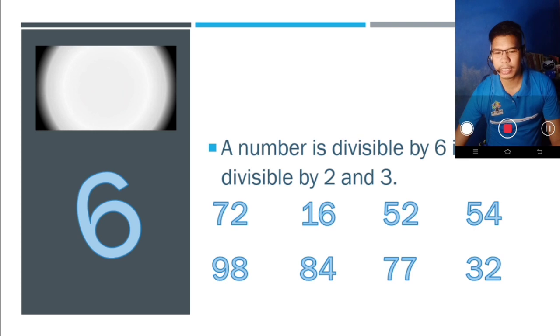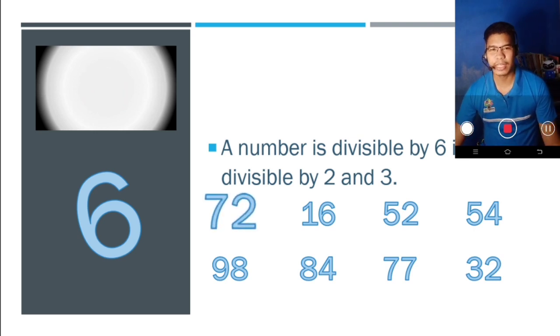Let us now see which numbers here are divisible by 6. The first number is 72. Is it divisible by 2? Yes, correct, because the last digit is 2. Is it divisible by 3? When we add 7 and 2, 7 plus 2 is 9, and 9 is divisible by 3. So it satisfies the divisibility rules of 2 and 3, therefore 72 is divisible by 6.